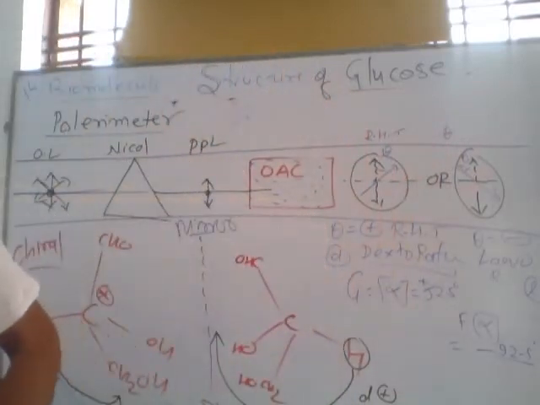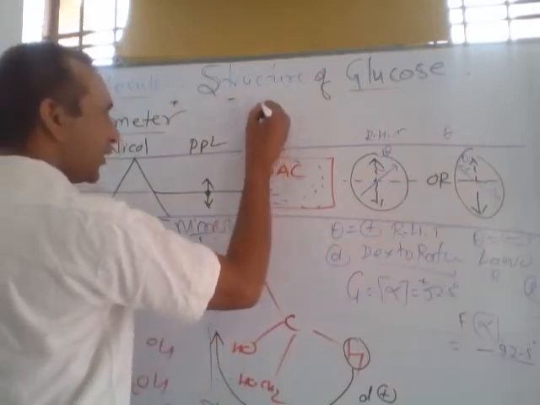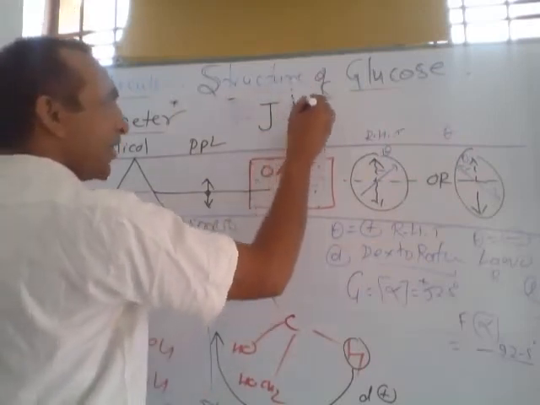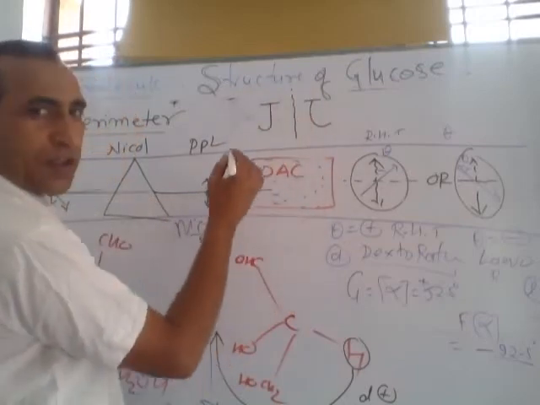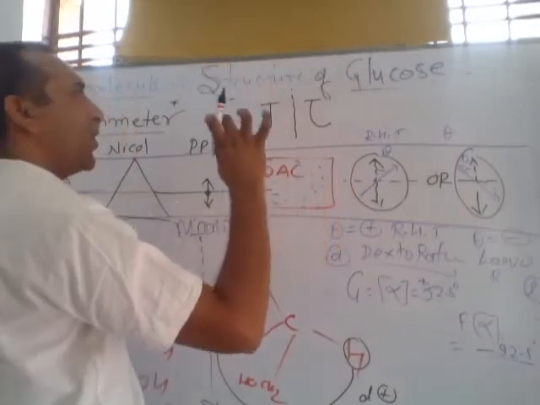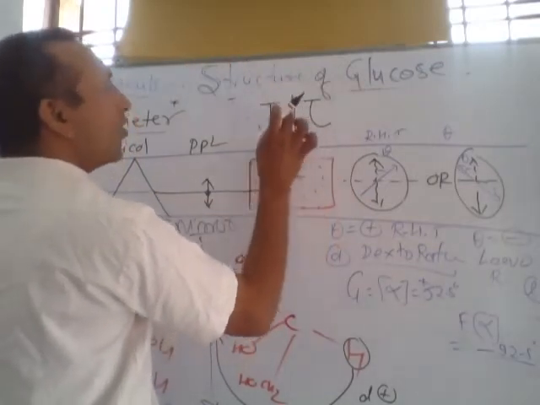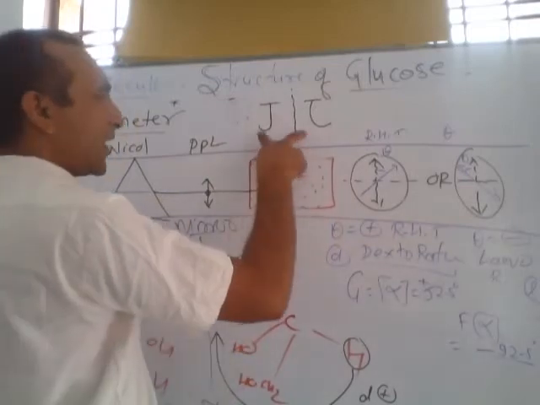We can easily understand this by another example. Suppose this is J. The mirror image of J is this type. These are two mirror images. This J can't be superimposed on this J, so these are non-superimposable mirror images. So these are chiral objects.